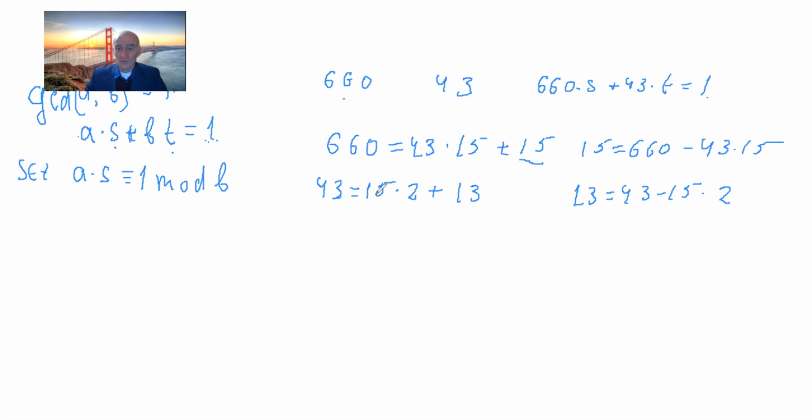And now what is the next step? The next step is to divide 15 by 13. So 15 equals 13 times 1 plus 2. And again, 2 equals 15 minus 13 times 1. And what is the next step?